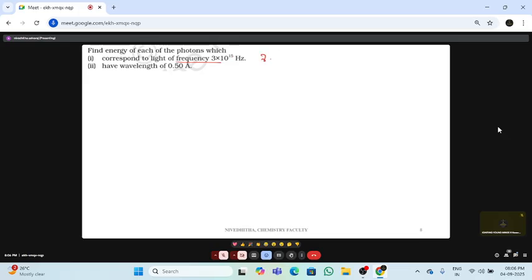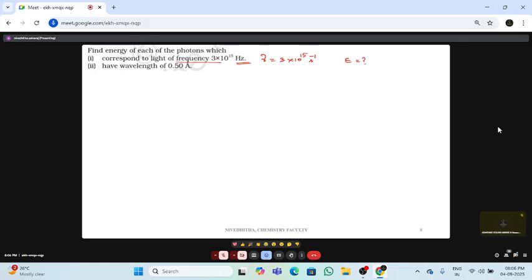See here, frequency is 3 into 10 power 15 hertz. Instead of hertz, I can write it as second inverse. Now from this frequency, we can calculate energy. What is the relationship between frequency and energy?